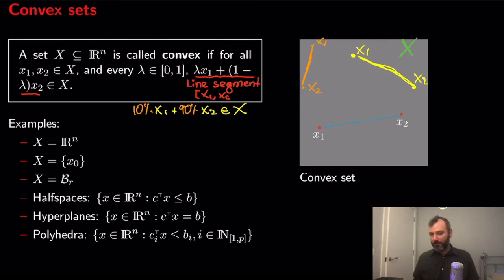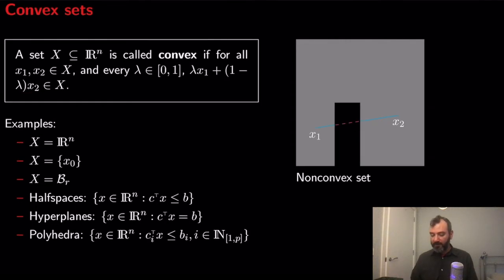How can it go outside? How does it look when it goes outside of x? It looks like this. If this is your set x, and it has something like an indentation, a dent, then this region is not inside x, it is outside of it.